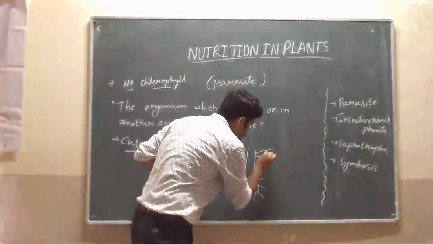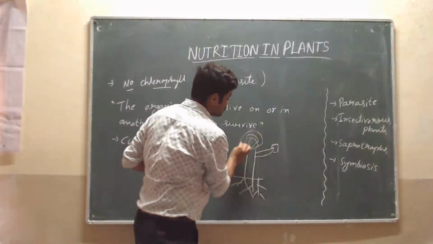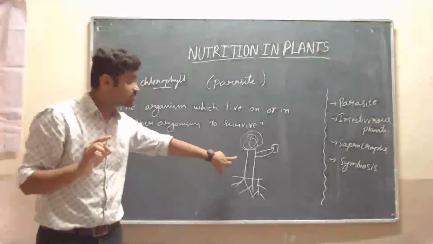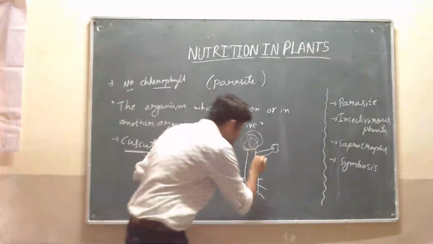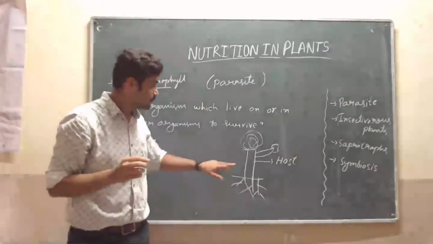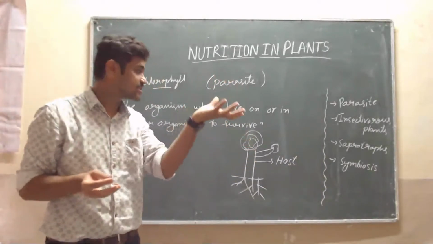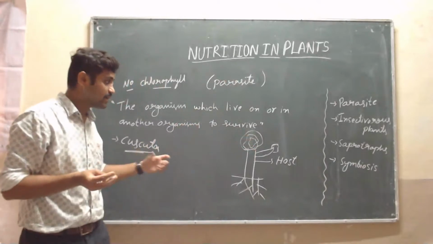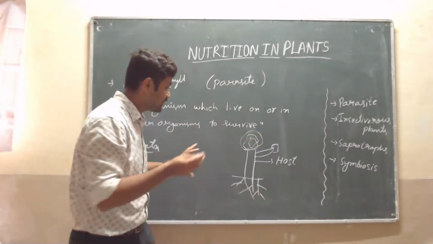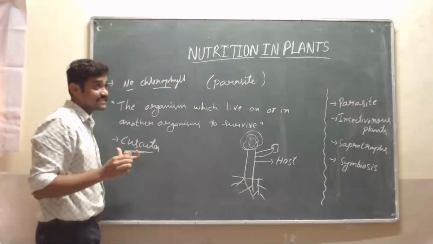See, this plant is called the host. Why is it the host? Because it is giving nutrients to the other plant. Then what will the parasitic plant, that is cuscuta, do?